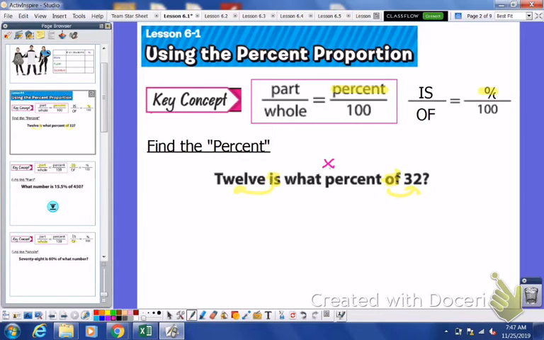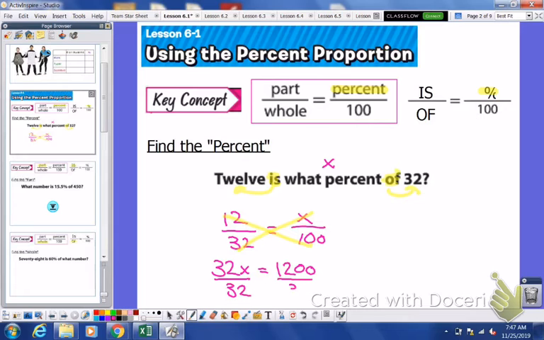If we go to our is over of equals percent over 100, we have 12 over 32 equals x over 100, and then we cross multiply. 32 times x gives us 32x equals 12 times 100 is 1,200. Divide by 32 just like we did last chapter.